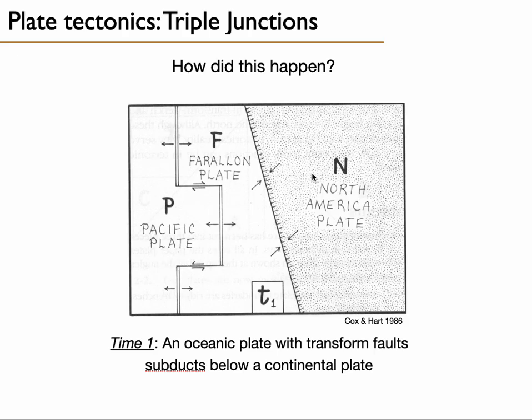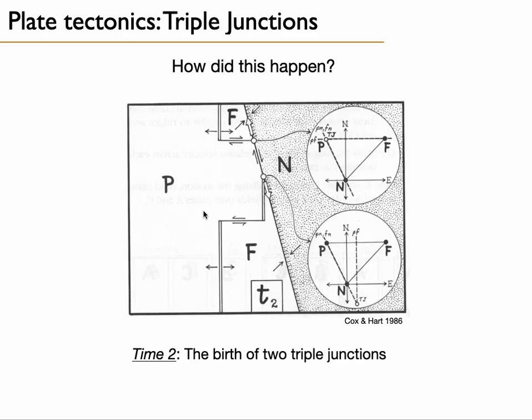This whole thing is going towards North America. It's being subducted at some point. The forward segment of the ridge and the transform fault are being subducted. So at this very moment, we basically generate the two triple junctions.